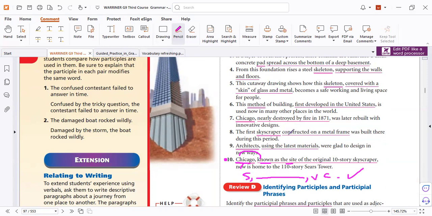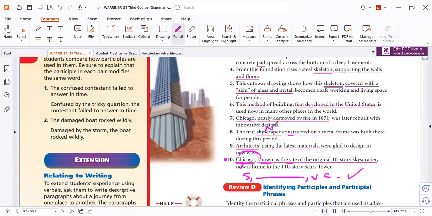Now we need to check what is constructed. Constructed. What is constructed? Look for the noun before.